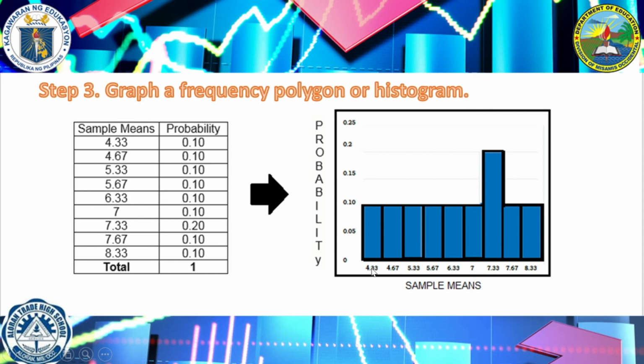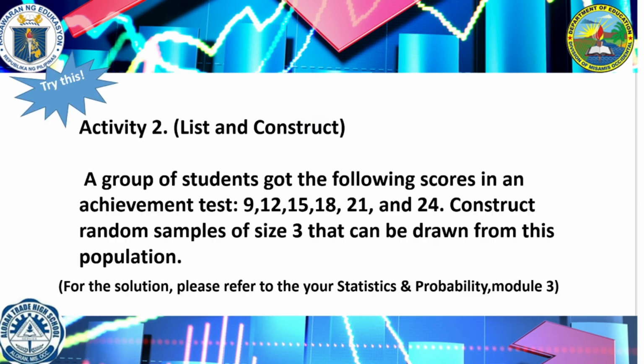So from 4.33 until 7, we stop at 0.10. But at 7.33, our probability is 0.20. So that is why 7.33 stops at 0.2, while the rest of the other sample means stop at 0.10, because that is their probability. So this is how you create a polygon or histogram. I hope you understand the process.